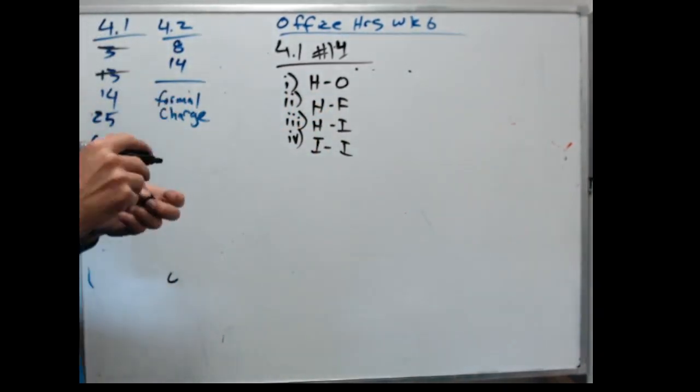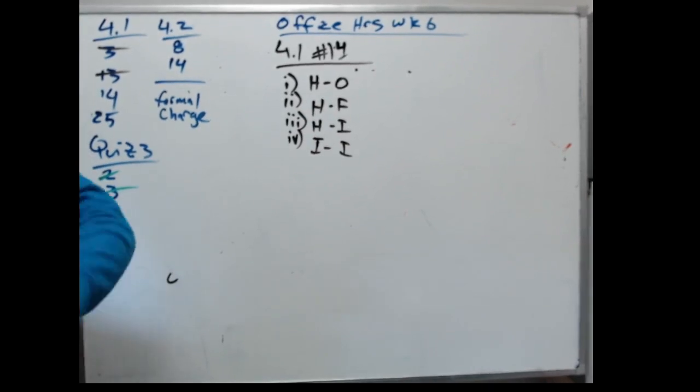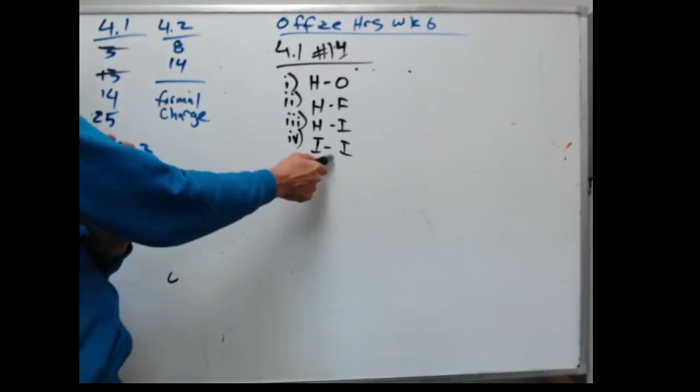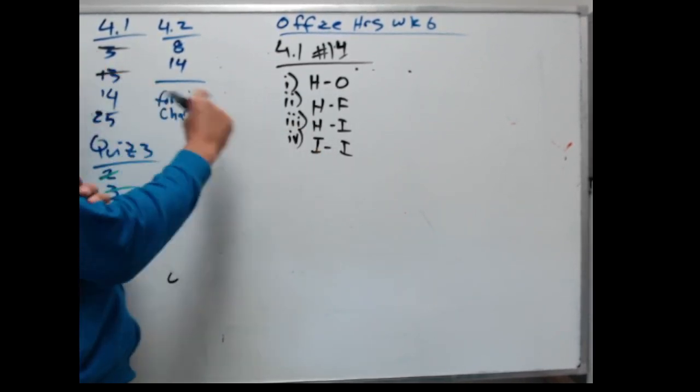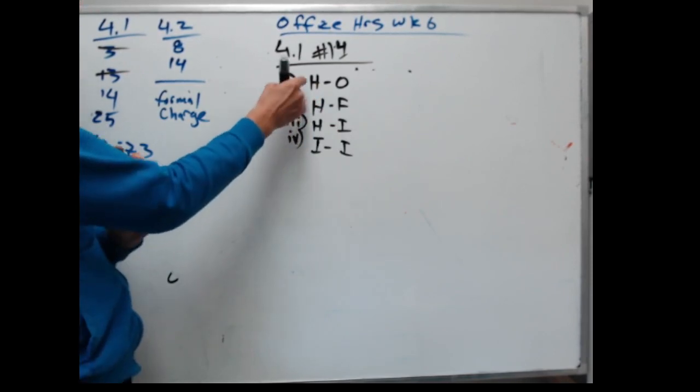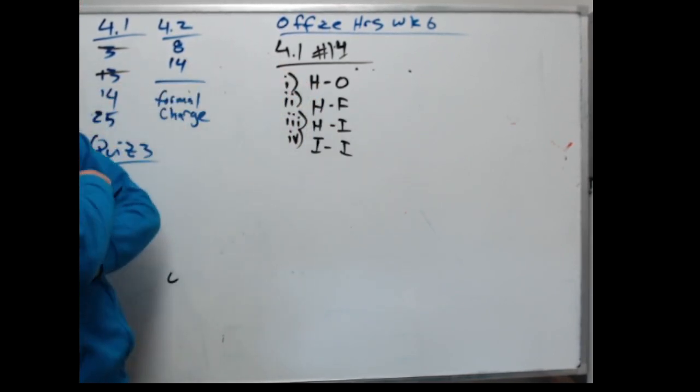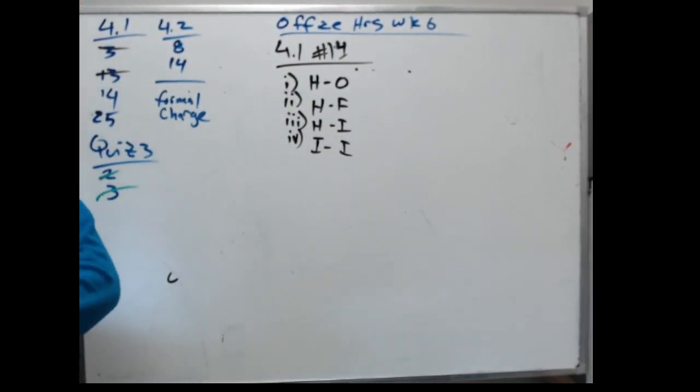Now, strongest bond usually goes opposite from longest bond. Longer bonds are usually easier to break. So when I look at this, I would guess that the I bond would be the weakest, not the strongest. I would guess HI would be second, and I'm down to which one is stronger, HO or HF.